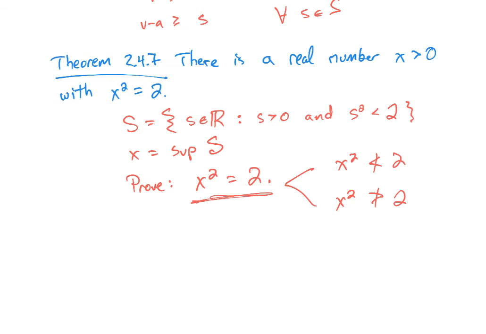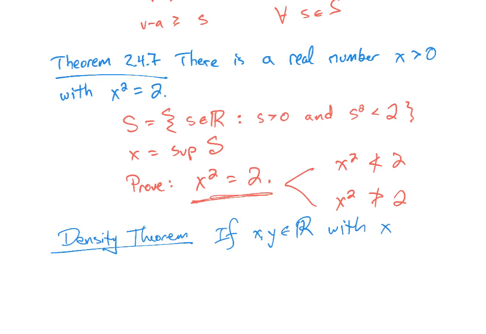And then, if you think back to the Archimedean property and our corollaries of that, one of the corollaries that we didn't write down that we should have, again, proof is in the book, is the density theorem. So if x and y are real numbers with x less than y, then there is some rational number between them.